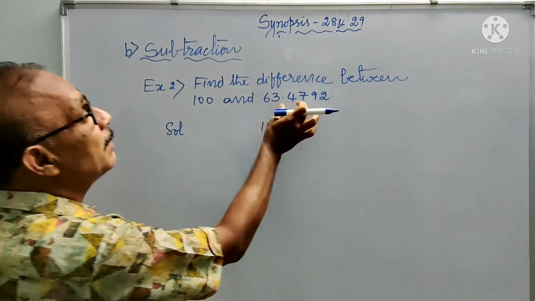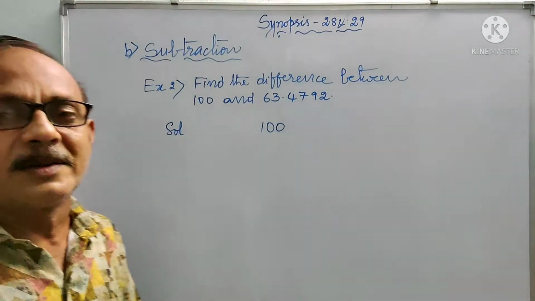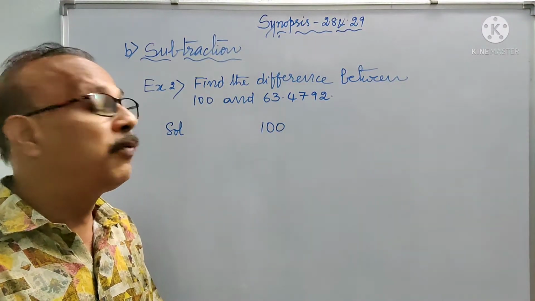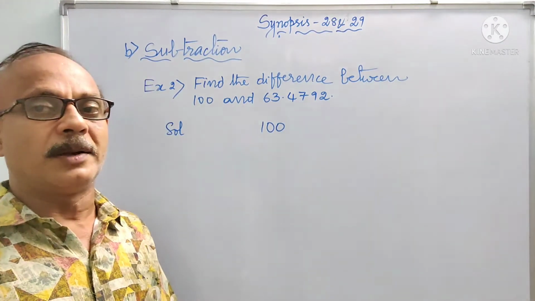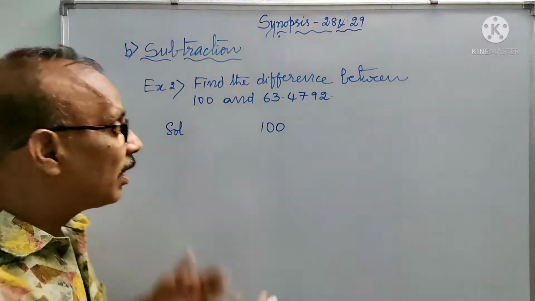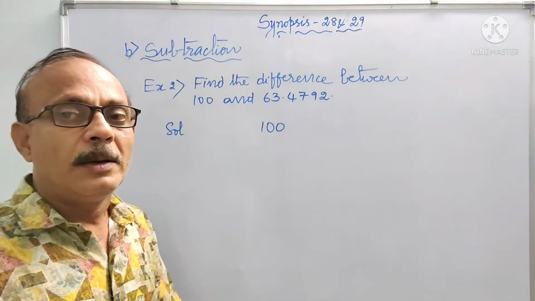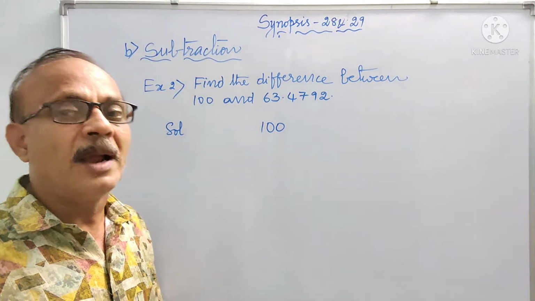But in the decimal which you are going to subtract, there are 4 digits after the decimal point. But you don't have any decimal digits in 100.